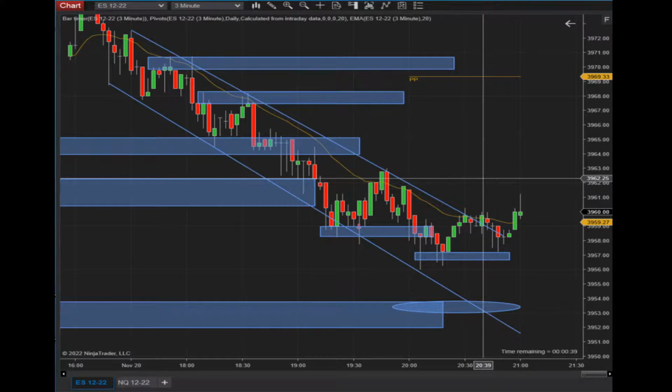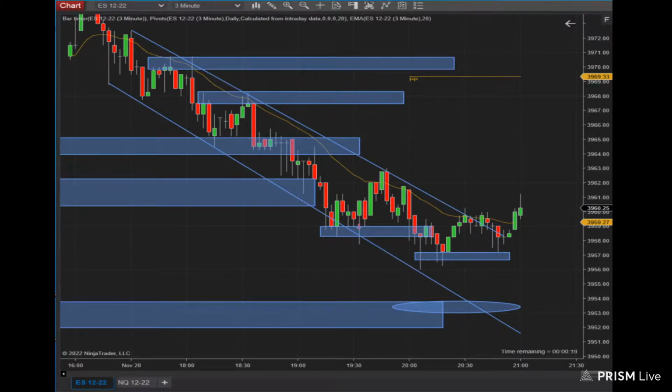But look at how this is getting rejected. So let's just see. There is one potential situation where I could get short, but it's not for a while. Well, I say that and then watch it just pop right up and happen. But we're gonna try to get one trade in here. Let's see what this candle does. See where this one closes and see where the next one goes.